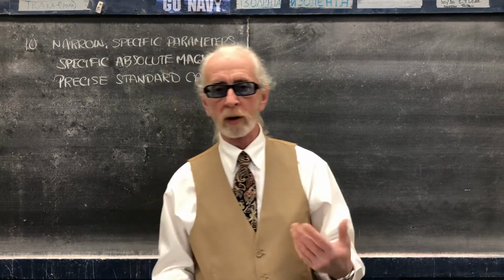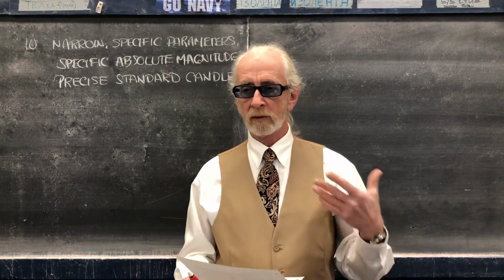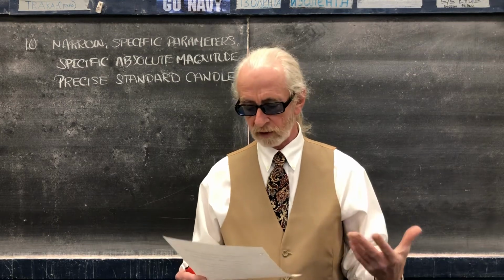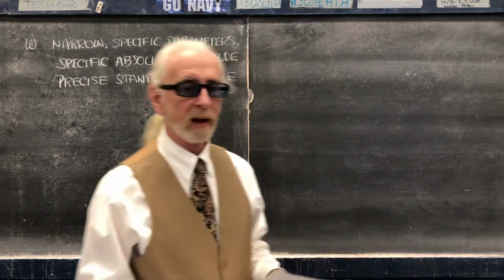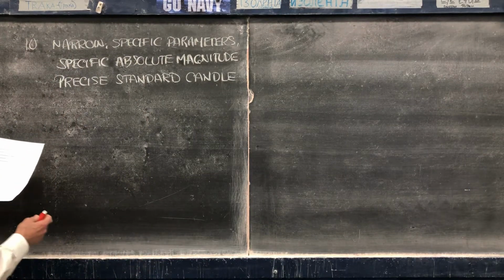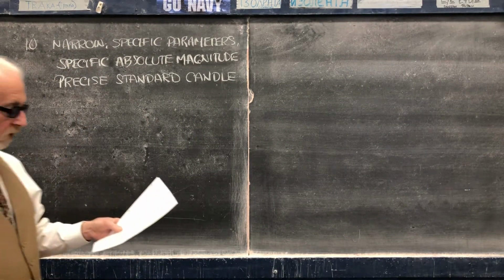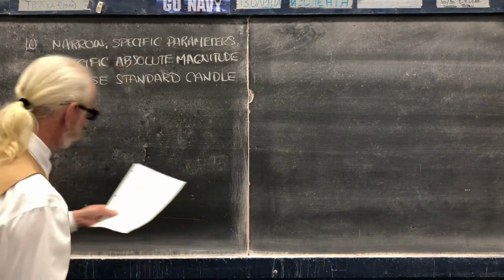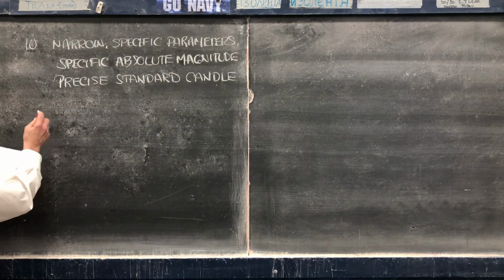Now, I've been using some terms that I haven't explained thoroughly, so we're going to take a few minutes to go through that. Absolute magnitude. When we talk about absolute magnitude, that is the luminosity of an object as observed from a distance of 10 parsecs. So let me write this down. Absolute magnitude.